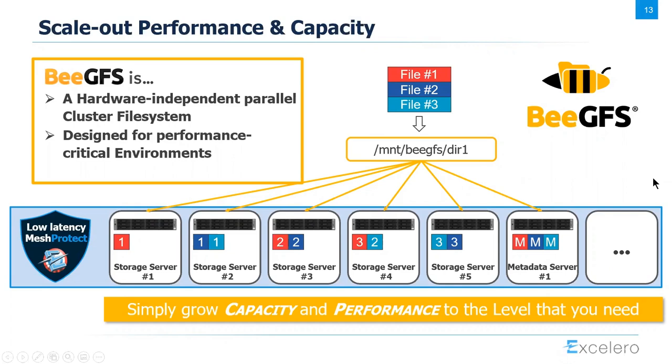So it works with rotating drives, it works with SATA or SAS SSDs, but with the bandwidth of NVMe, you need something else. And that is where the combination of BeeGFS and NVMesh really shines, because you get both the capacity and the performance at the same time, and you can scale it at will.